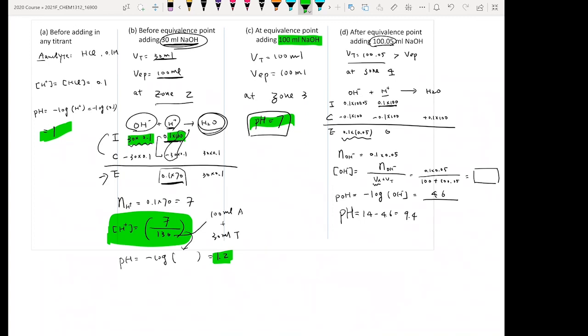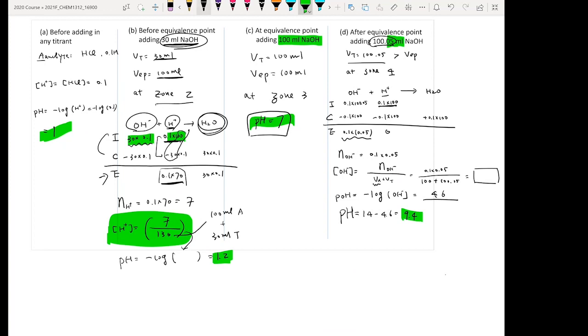And then after that, you just add 0.05 mL more, right? So you go from 7 to 9.4. So you can see the pH changes like crazy around your equivalence point.